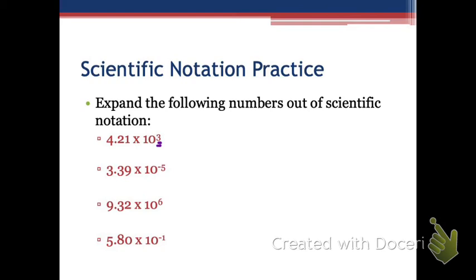So in this case, when my exponent is positive and I want my number to become bigger, I need to move it 1, 2, 3 spots. Okay, and so if I move it to a spot that's got an extra place like this one, what do I add there? A 0. Okay, so that means my final number that I was trying to express was 4,210.